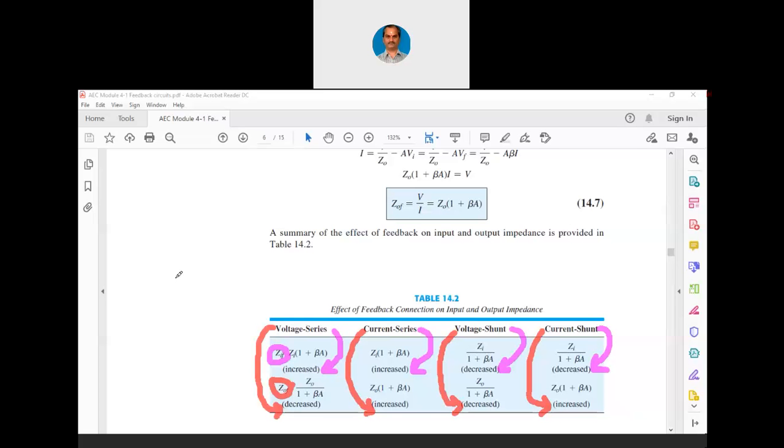Shunt feedback is going to decrease the input impedance. So, as far as input impedance is concerned, remember series shunt at the input itself. Now, output impedance is at the output. At the output, you are going to take voltage or current. So, if you take voltage, output impedance is going to reduce. If you take current, output impedance is going to increase.